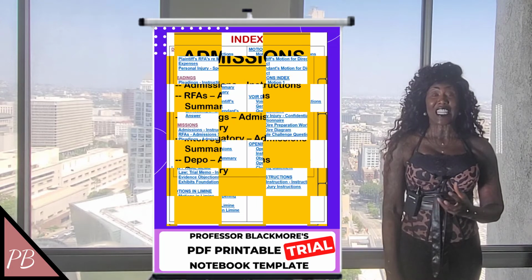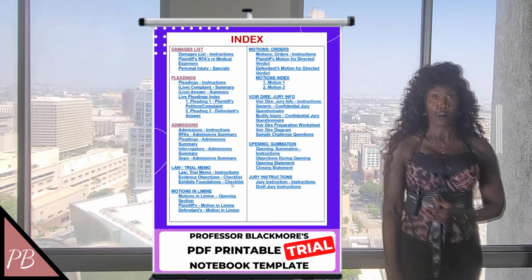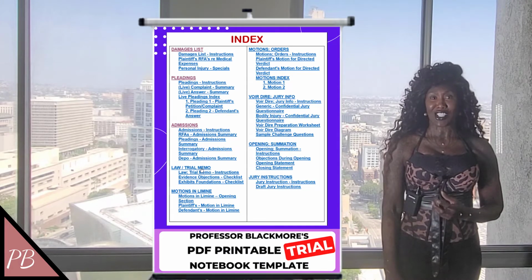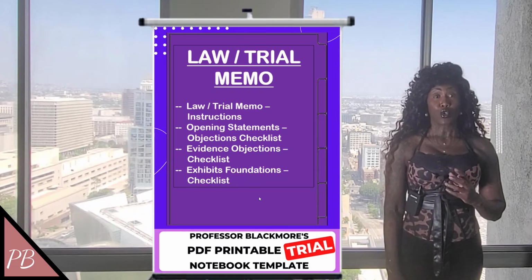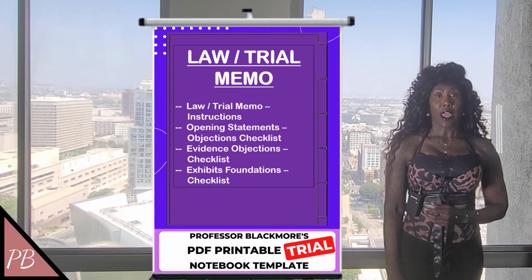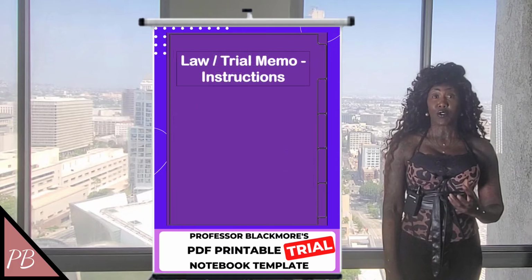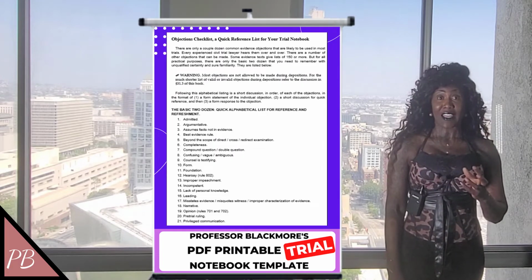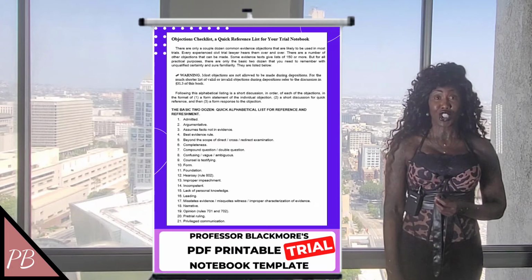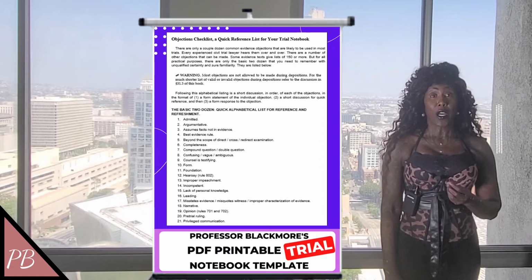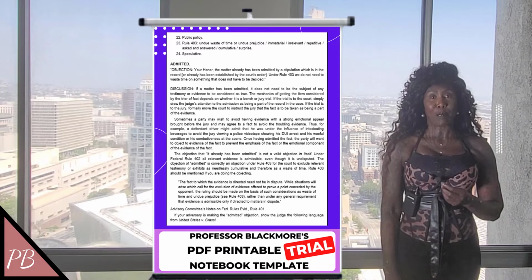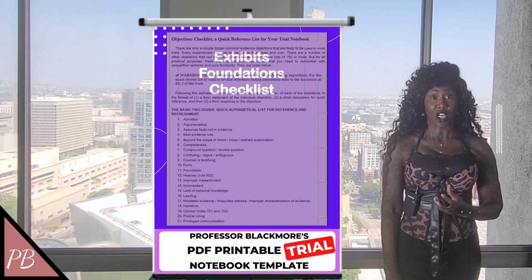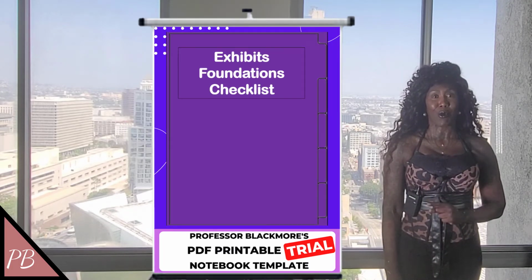Now, the next section is the Admission section, and here are some of the things that you'll find in the Admission section of the notebook. Now, the next section is the Law Trial Memo section, and here are some of the things you'll find in this section of the notebook. And here you'll find that it has an objections checklist with a quick reference guide to your basic 24 objections in alphabetical order.